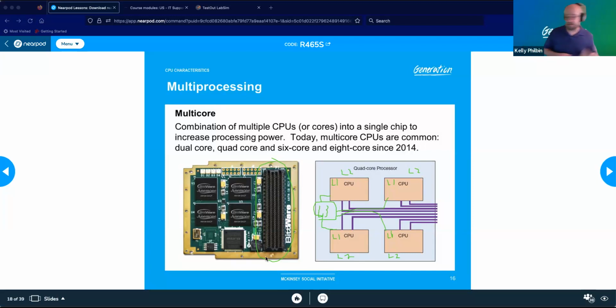Once it gets beyond L3, then it's kicking it out to RAM. When RAM gets full, it's kicking it off to virtual memory in our page or swap files. So it's kind of a cascading effect as it's needing stuff held, depending on its size and the importance of the information or the immediacy that it's going to be needed.